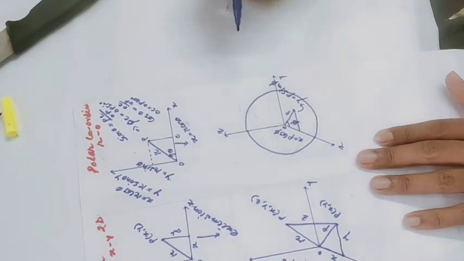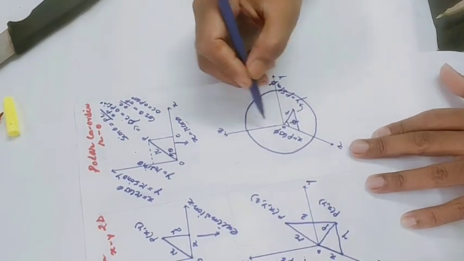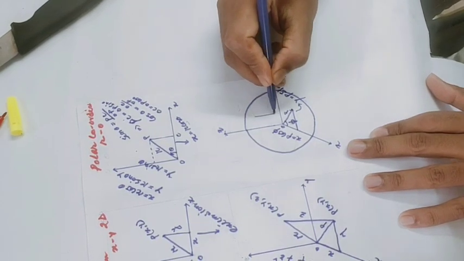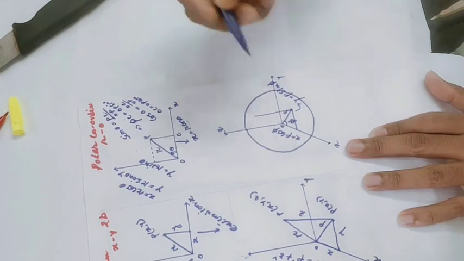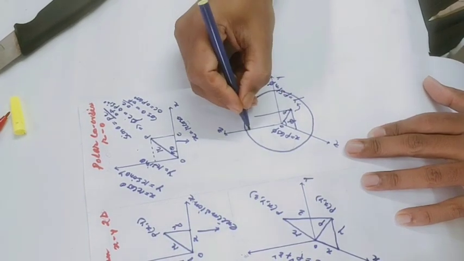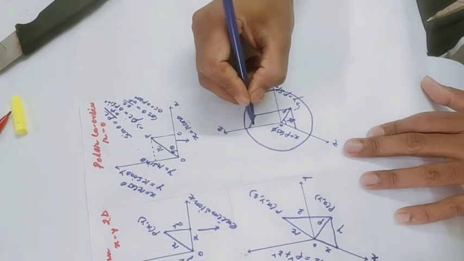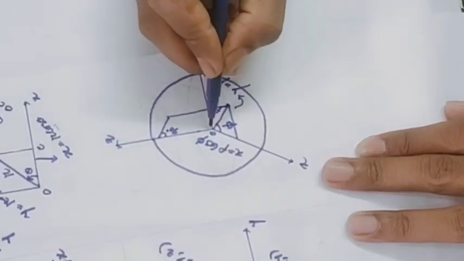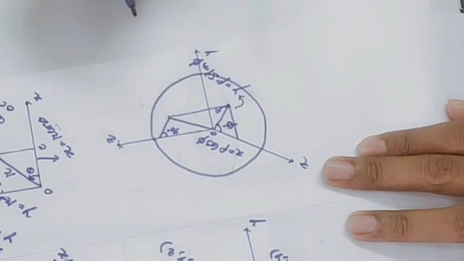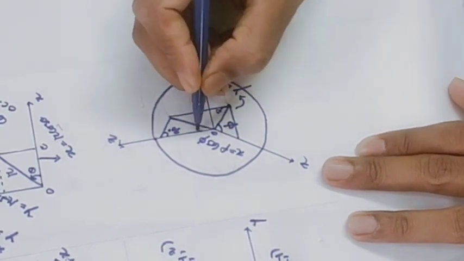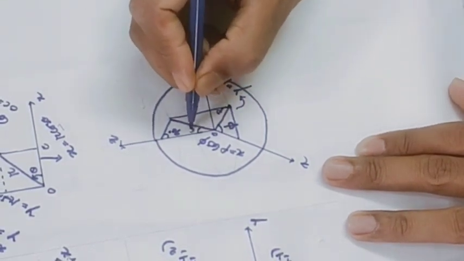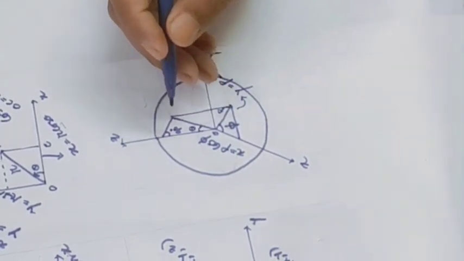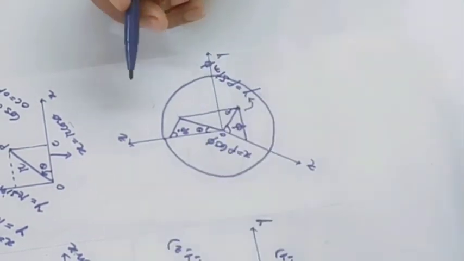Now to represent a point in the 3D system, you again draw a perpendicular here. So this side you draw a parallel line, this is again perpendicular, 90 degree. Then if it is r, okay, then this is your theta. This part is your theta, as I have shown, this angle.